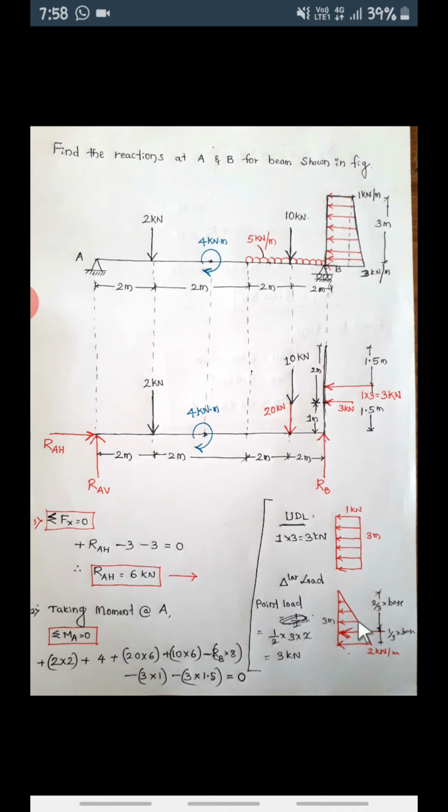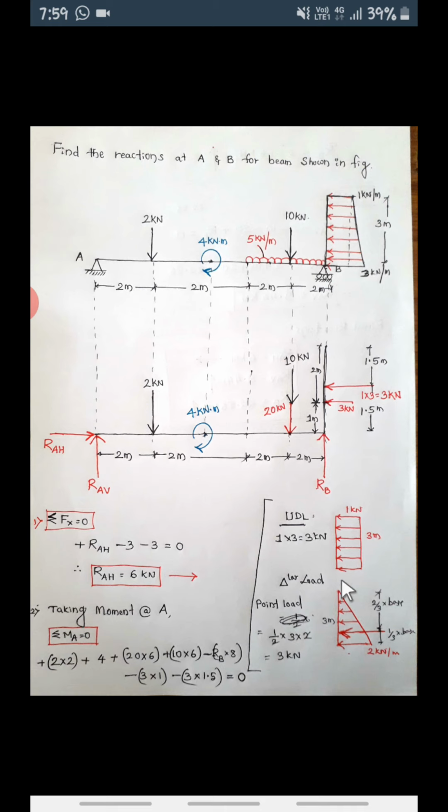So for a triangular load, when you convert it into a point load, the point load will act as follows. Can you see this is 0 intensity? From the 0 intensity end, the point load will be at 2/3 of the base.